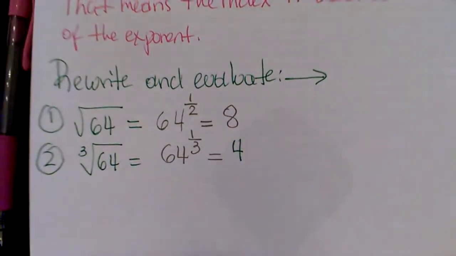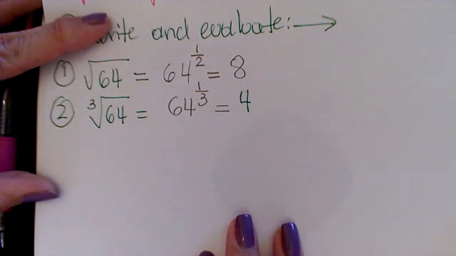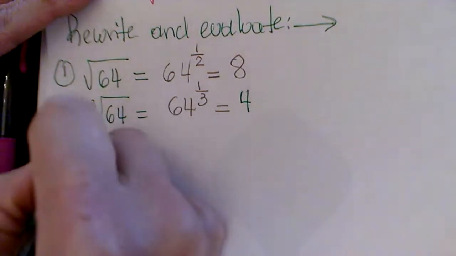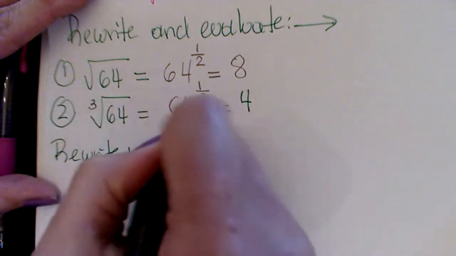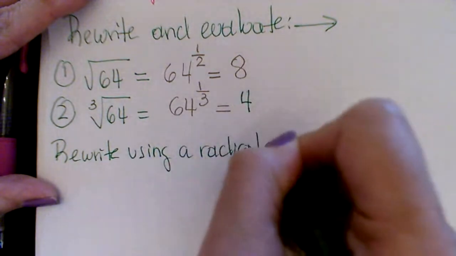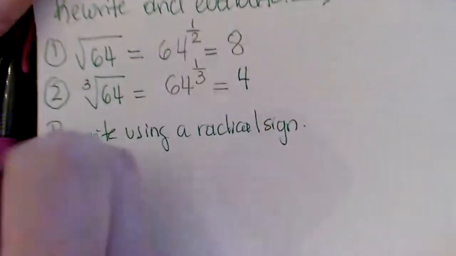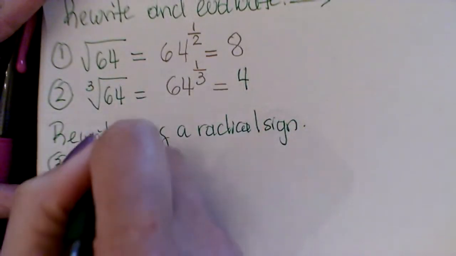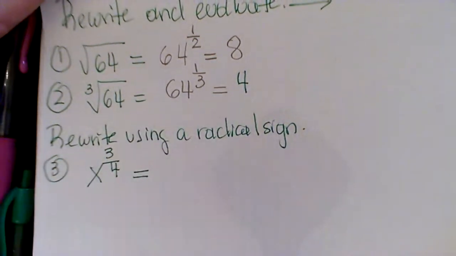Now, this part, they're asking me to rewrite using a radical sign. So what do I do?